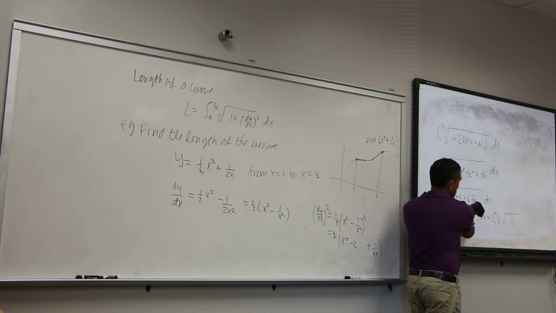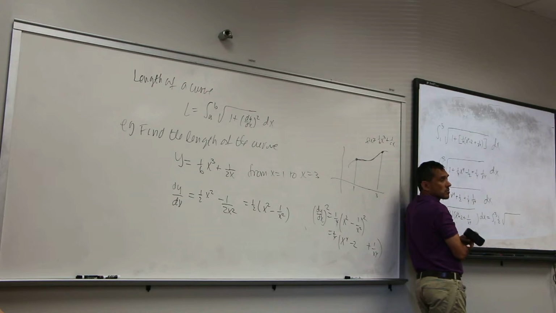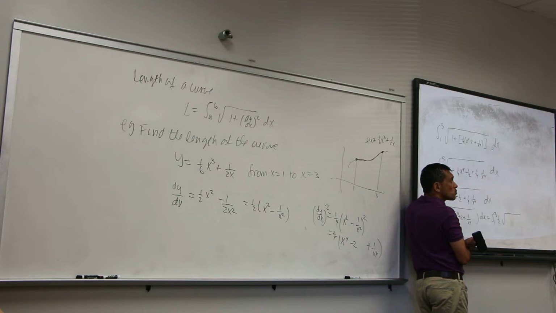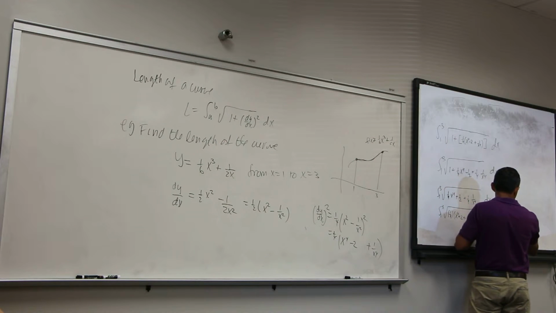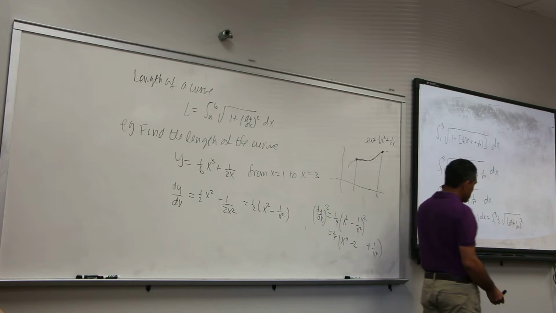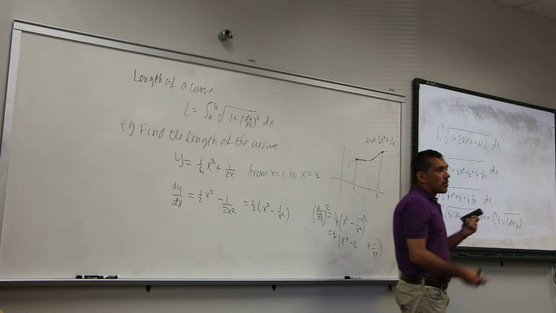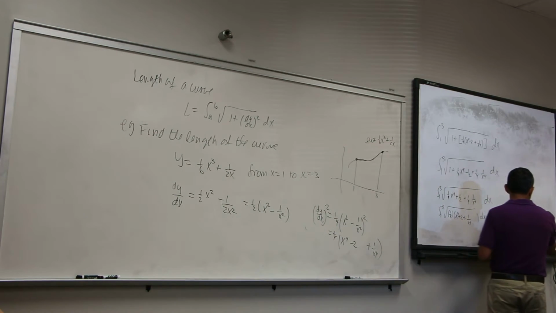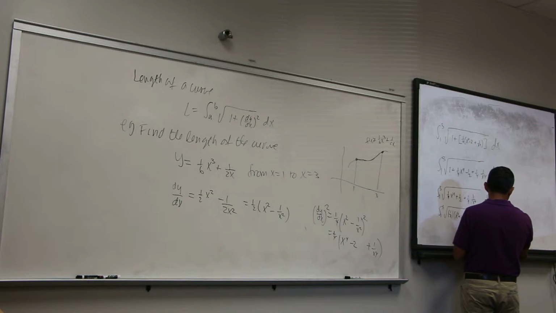What is it? x squared plus 1 over x squared, squared. And when I take the square root, then it's something like this. Take 1/2 out. What's the square root of this? That would be x squared plus 1 over x squared.